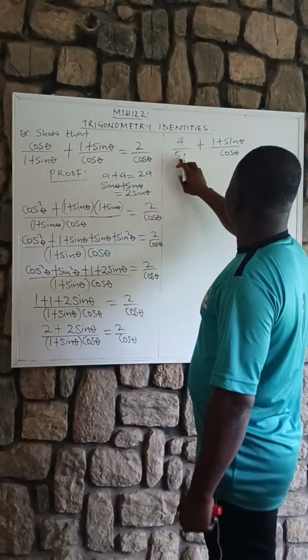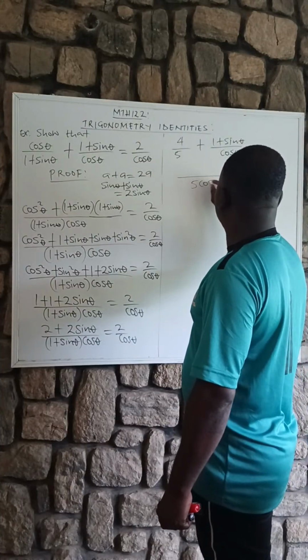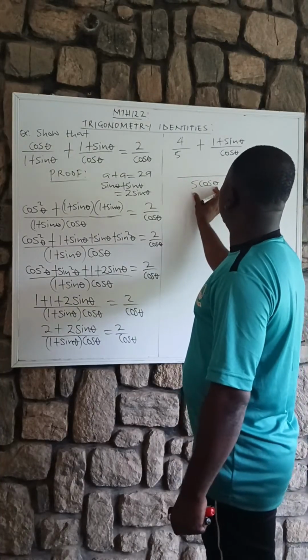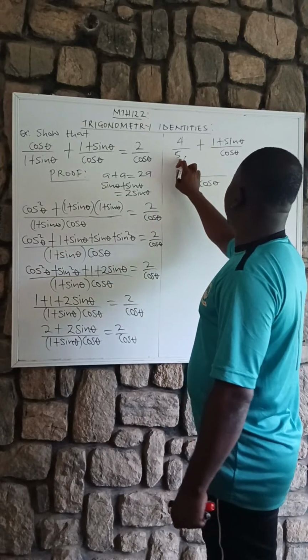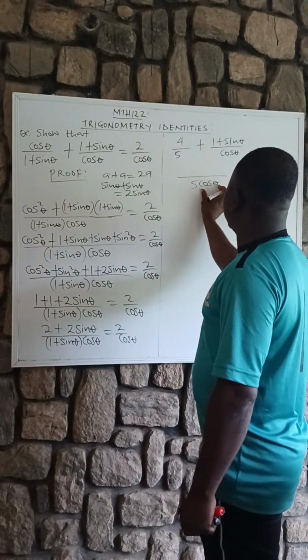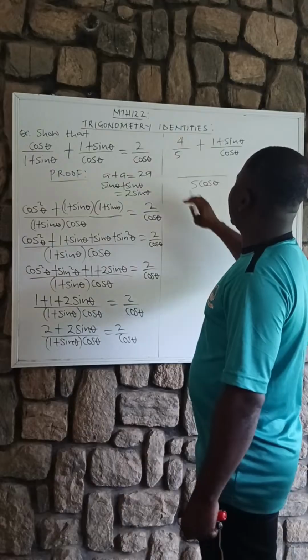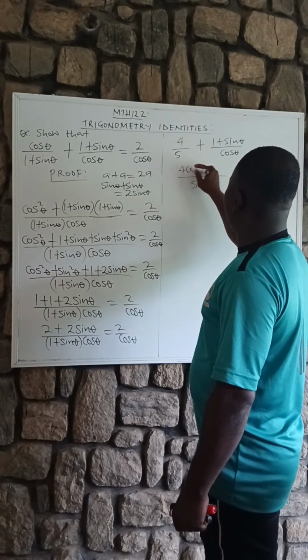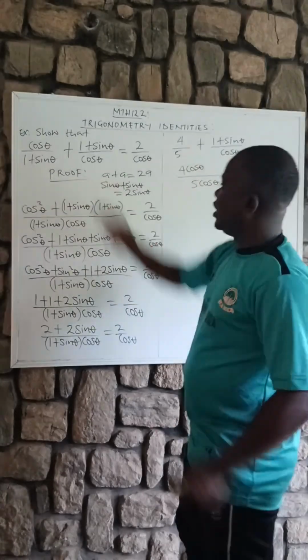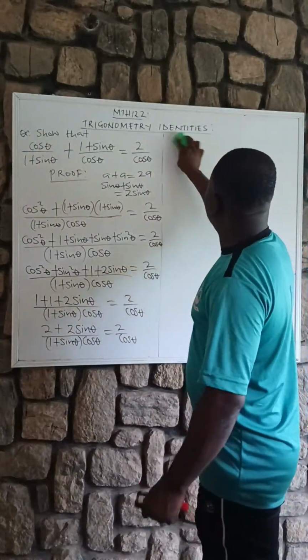The LCM is, use this to multiply, it means 5 cos theta. So if you use this to divide 5, you are going to be left with cos theta. Anything you get, use it to multiply what is there. So it means there will be 4 cos theta. That is what we have been doing there. Look at the board.